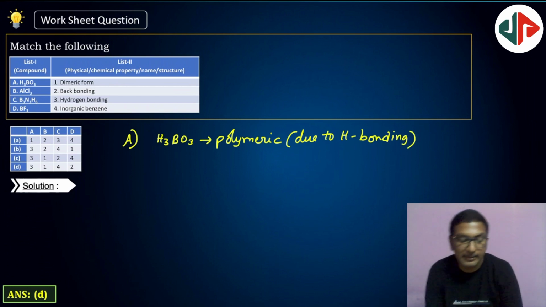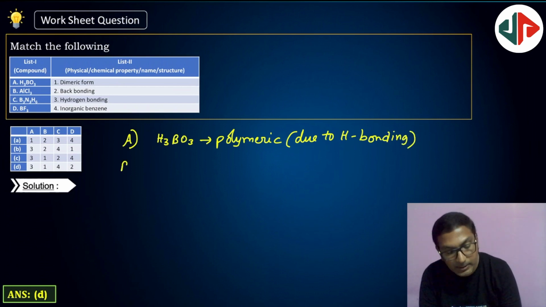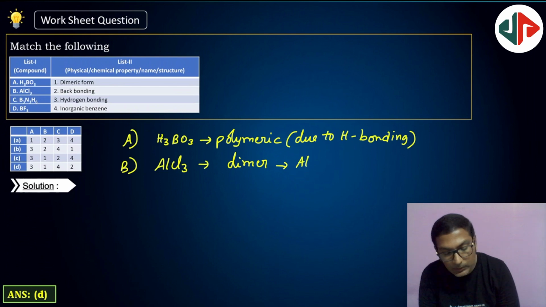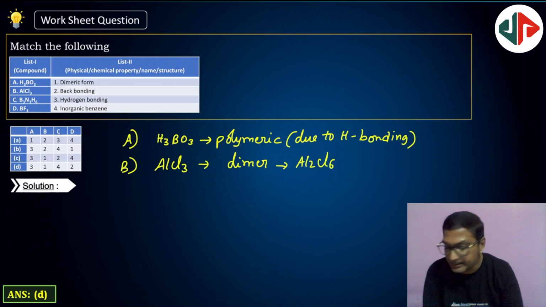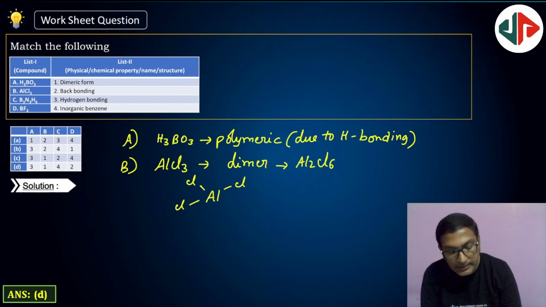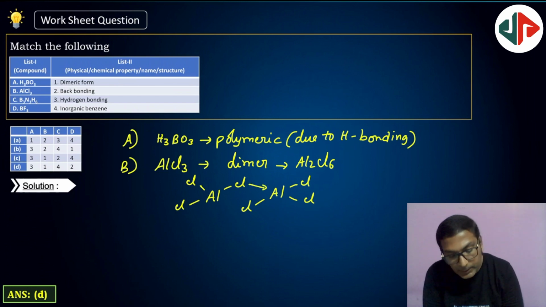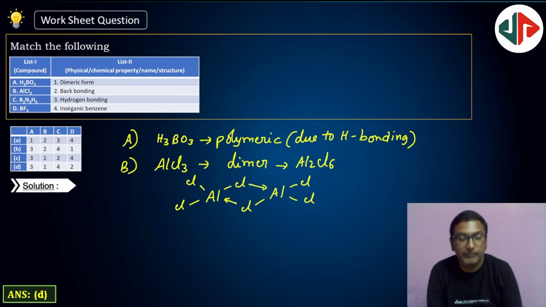That's why it is polymeric. Next option B is AlCl3. AlCl3 can form a dimer, that is Al2Cl6. In this way it can form Al, here Cl, like this it can form. Here one dative bond, here one dative bond, a dimer.